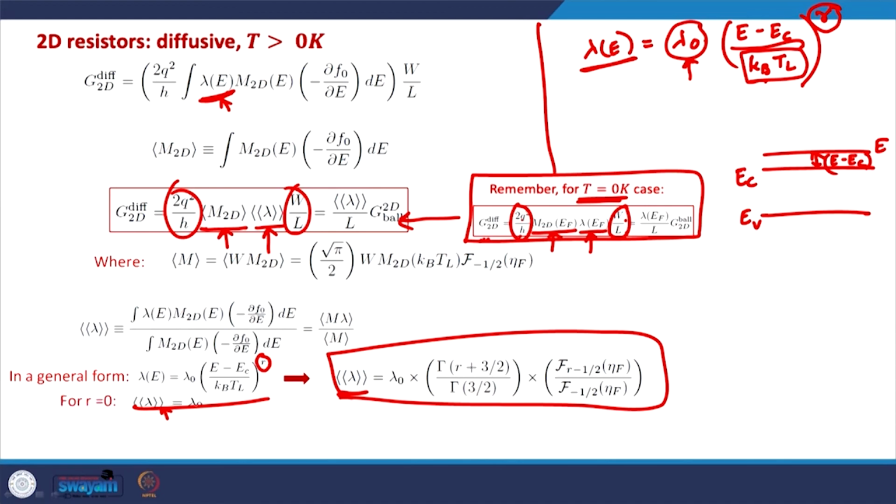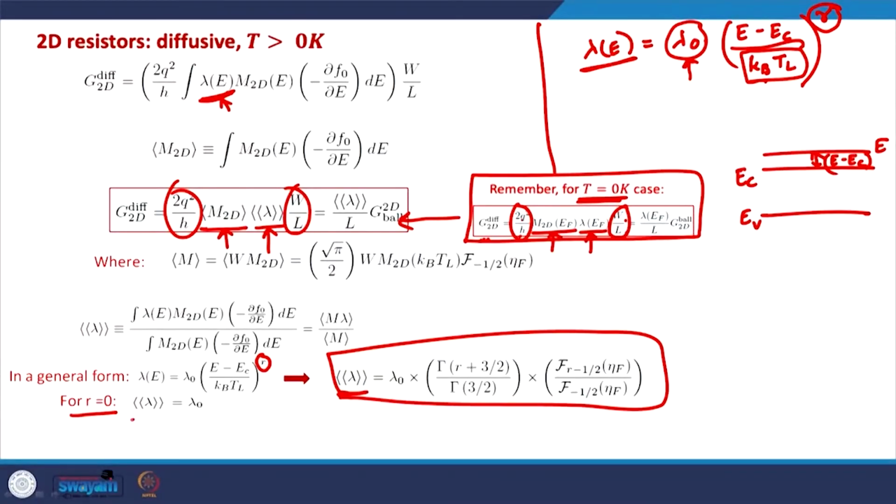Generally for acoustic phonons, when phonons travel like sound waves, this exponent r is 0, and in that case the average of lambda is equal to lambda naught, and this entire calculation simplifies.